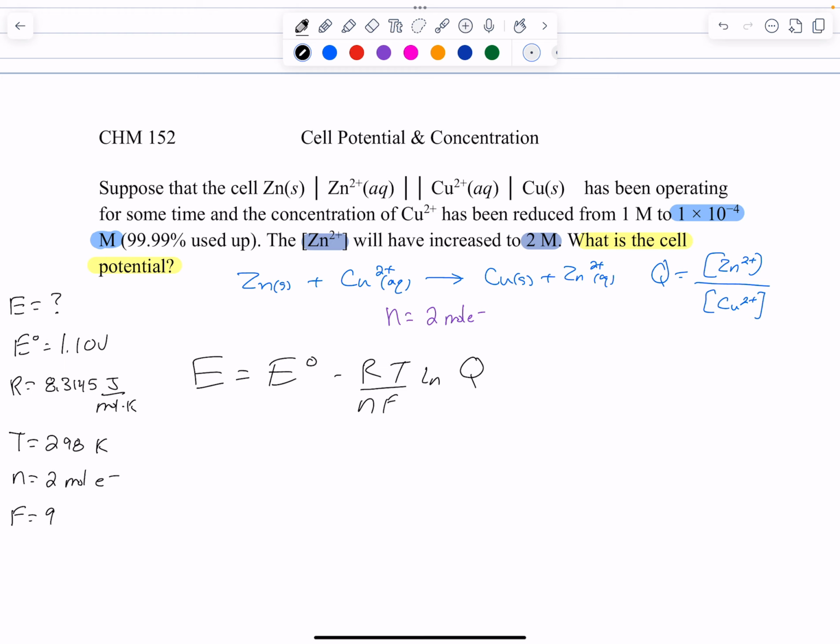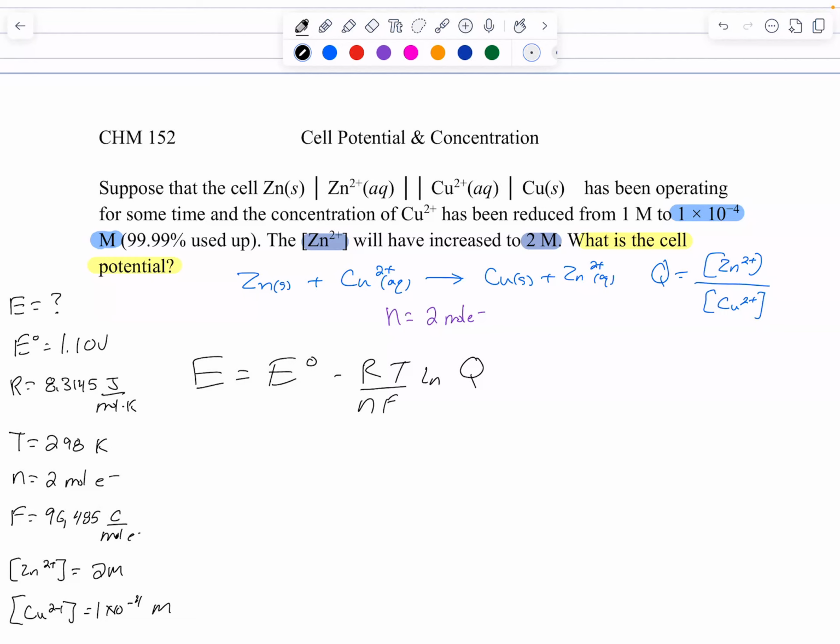F is 96,485 coulombs per mole. Zn 2+ is 2 molar, and Cu 2+ is 1 times 10 to the negative 4 molar. So that's all of our variables. I think we can solve this.